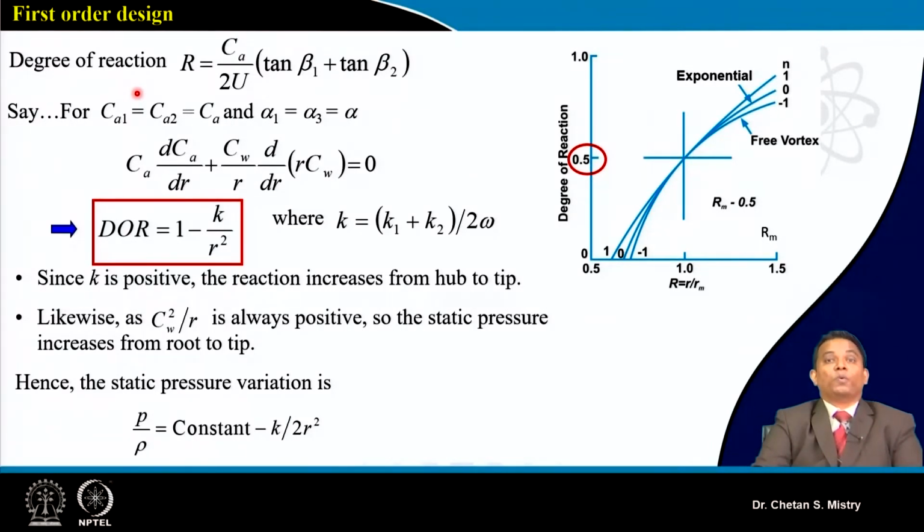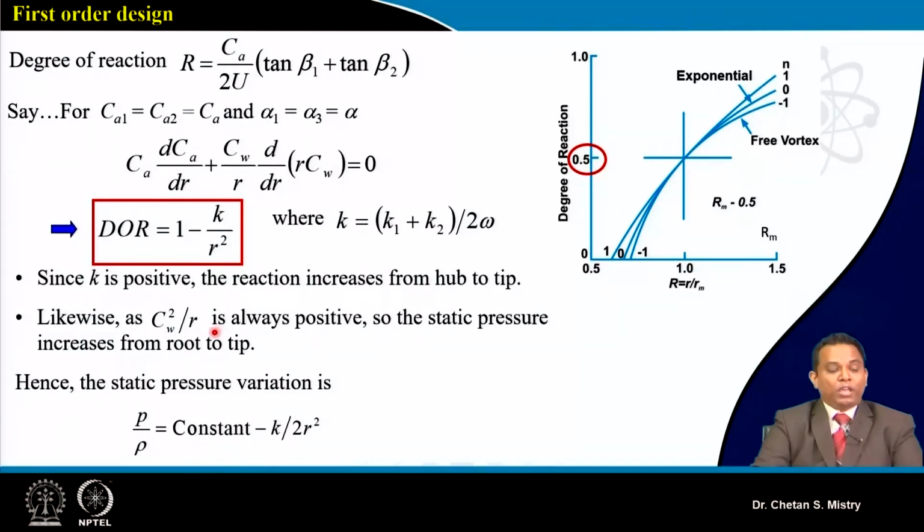So as we have seen, out of 3 constants, if 2 constants are known to me, my third constant we can calculate. So here my degree of reaction comes as 1 minus k by r square, where k is k1 plus k2 by 2 omega. The value of this k is always positive, and it is increasing from hub to tip.